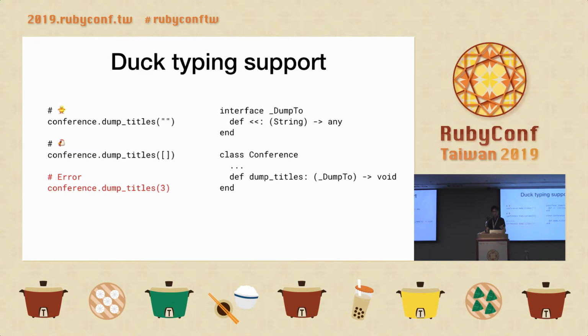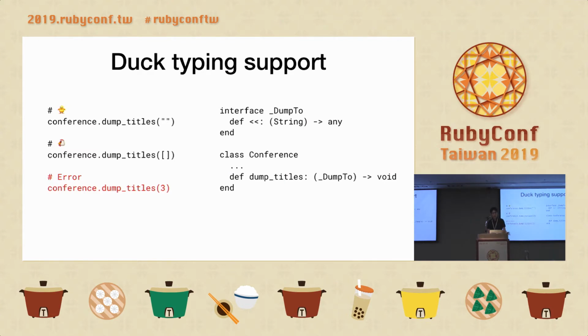And we can add methods to the Conference class. So we define a dump_titles method. It accepts something to which the titles will be printed as a _Dump type, and the implementation will be like this.